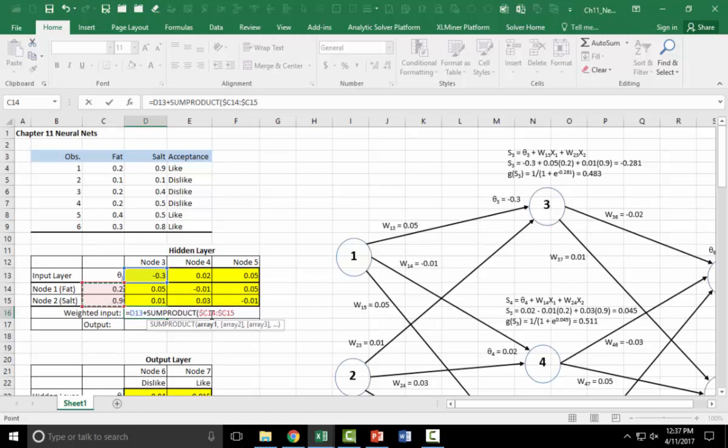Okay. So the weights must come from column C for both columns. So that and that. So this gives you the weighted input coming into 3. So this is the weighted input coming into 3. Bias plus the weight times the x value, weight times the x value.